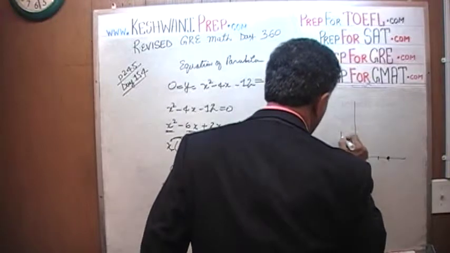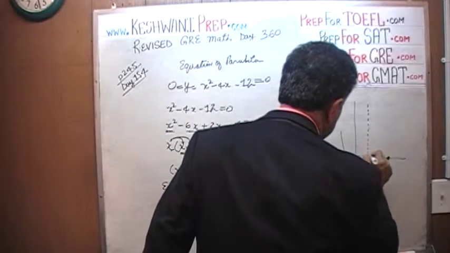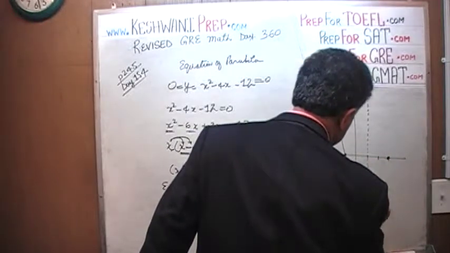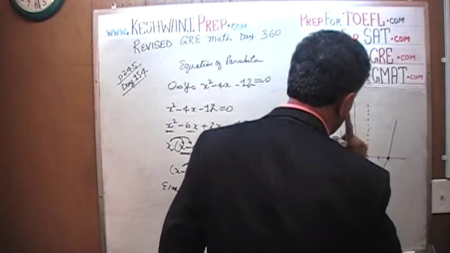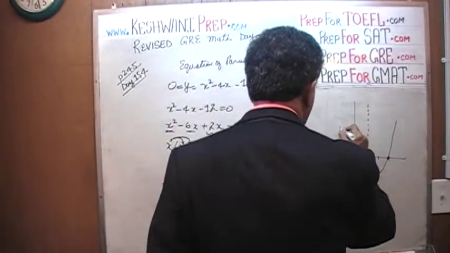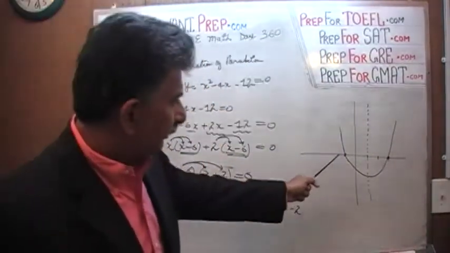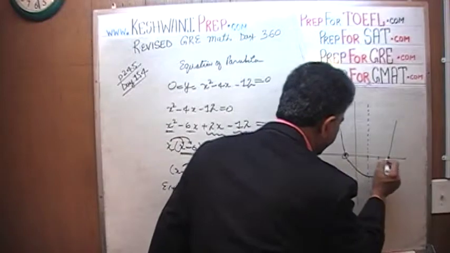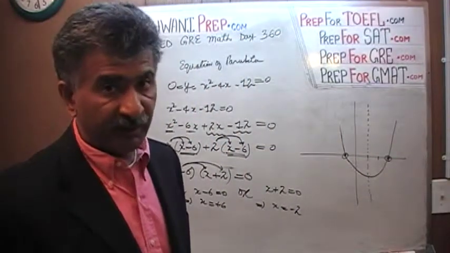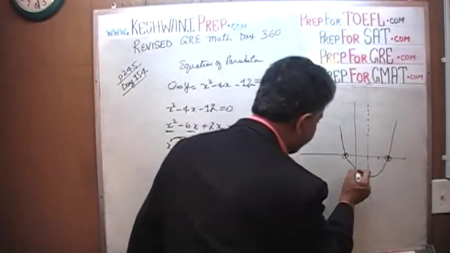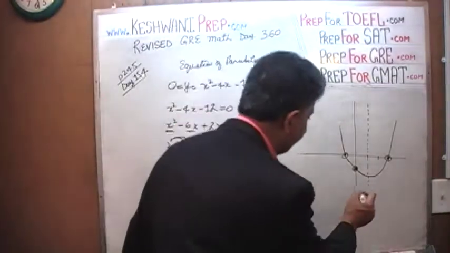The parabola goes through these 2 points. These are the x-intercepts. There are 2 more things that are left for us to find. One is the y-intercept right here, the place where it cuts the y-axis, and the next thing we have to figure out is the vertex right here.